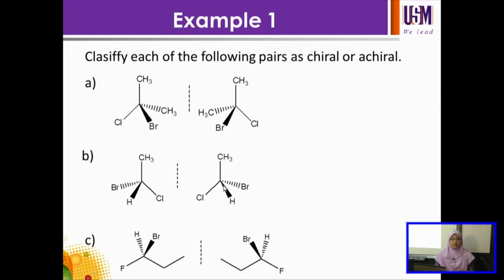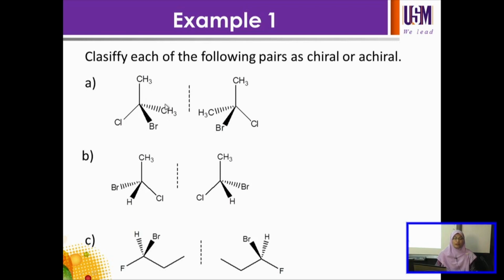So let's try this example. Classify each of the following pairs as chiral or achiral. So remember, chiral is when you have 4 different groups attached to a carbon. Now we have this carbon attached to only 3 different groups. We have chlorine, bromine, and then we have 2 methyl groups, so these are considered as one group.